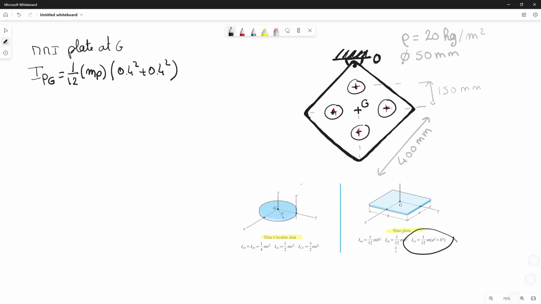Let's get the mass of the plate. We have the density, so the mass of the plate will be 20 kilograms times the area, 0.4 times 0.4.